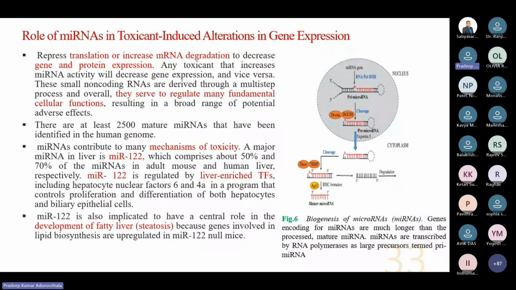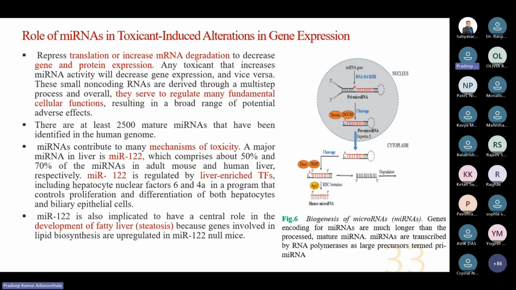These small non-coding RNAs, which are derived through a multi-step process, regulate many fundamental cellular functions, resulting in a broad range of potential adverse effects. So as I said, this miRNA is an RNA where most of the chemicals come and affect.